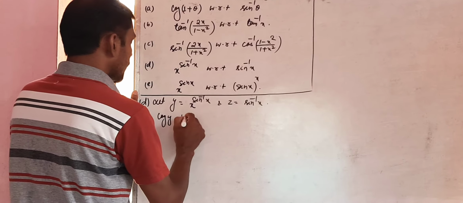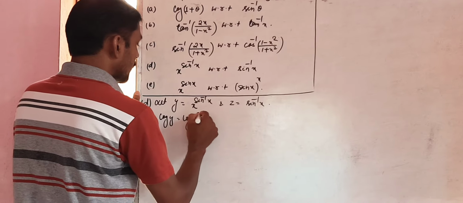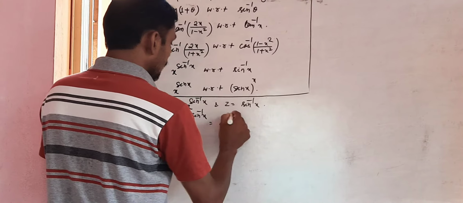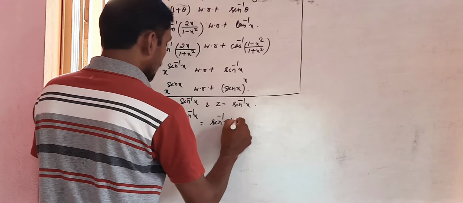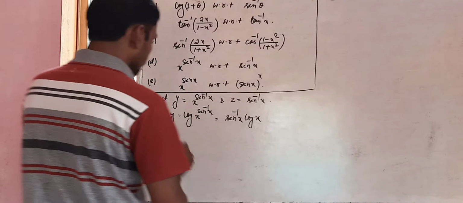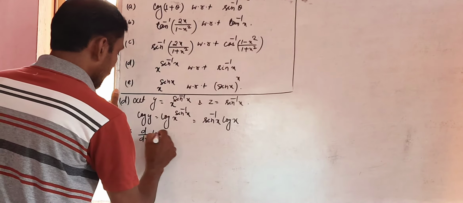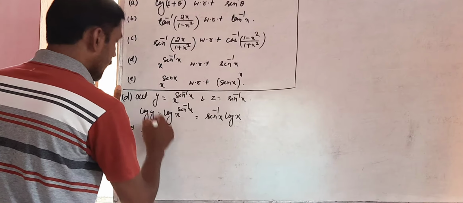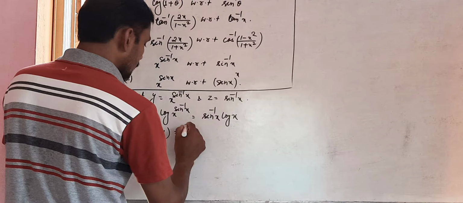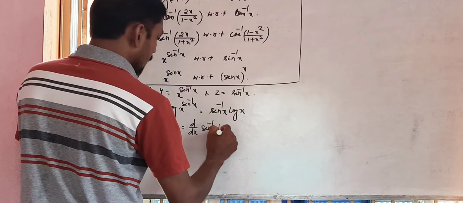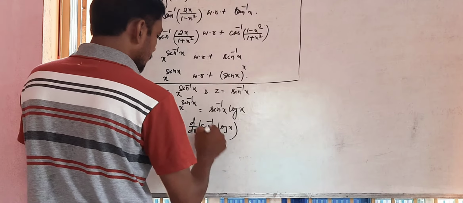Log y equal to log x to the power sin inverse x, which is equal to sin inverse x log x. Then taking derivative on both sides with respect to x, because y is a function of x. So d by dx of sin inverse x into log x.